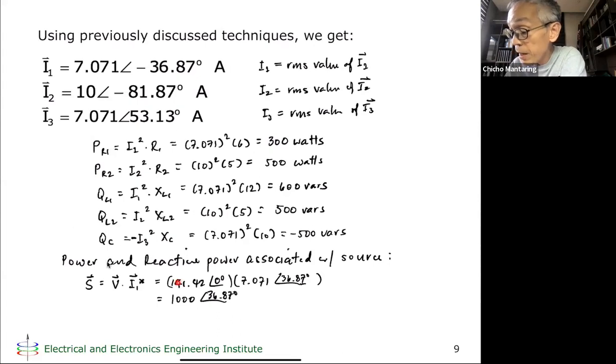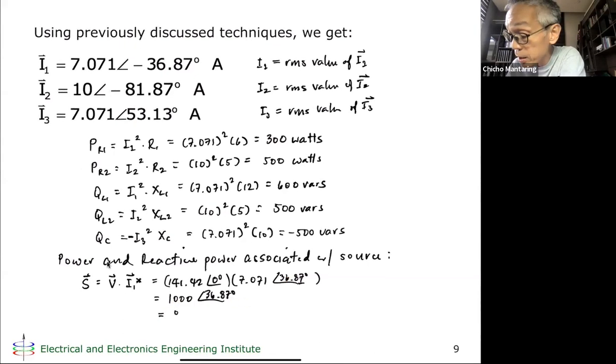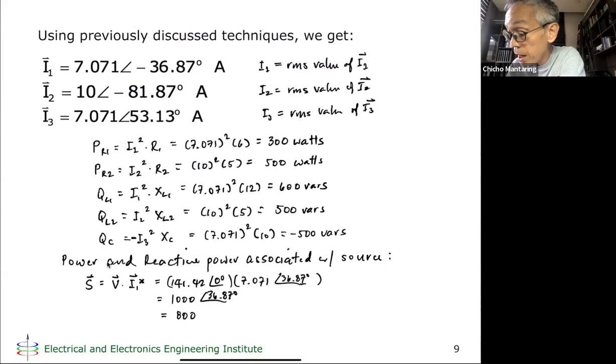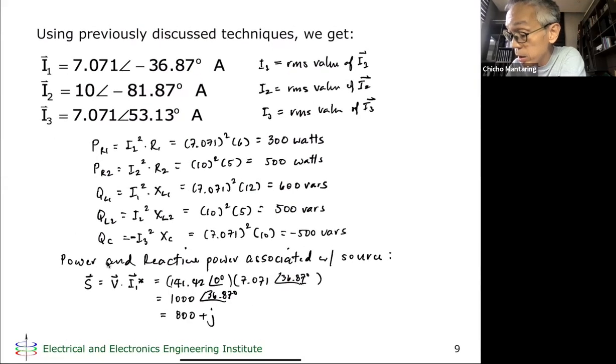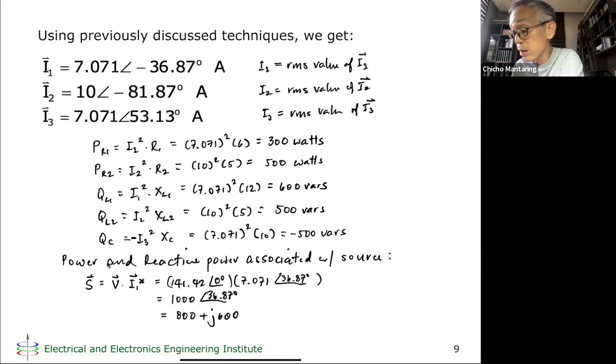You multiply this by this, that's 1,000, and then you add the angle, 0 and 36.87 is 36.87 degrees, which is equal to 800. If I convert this now to rectangular form, this is 800 plus j600. This is volt amperes. The unit for S is volt amperes.